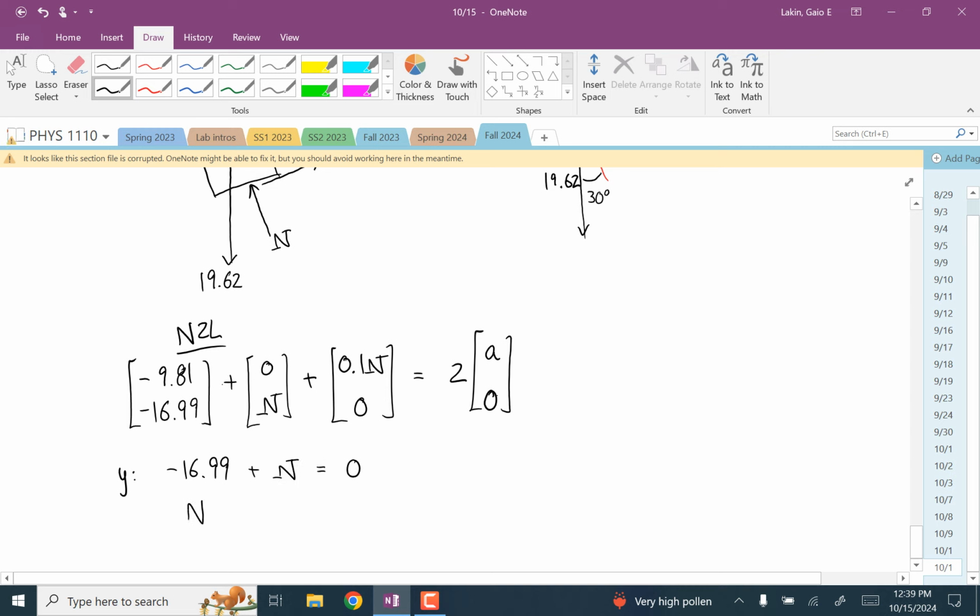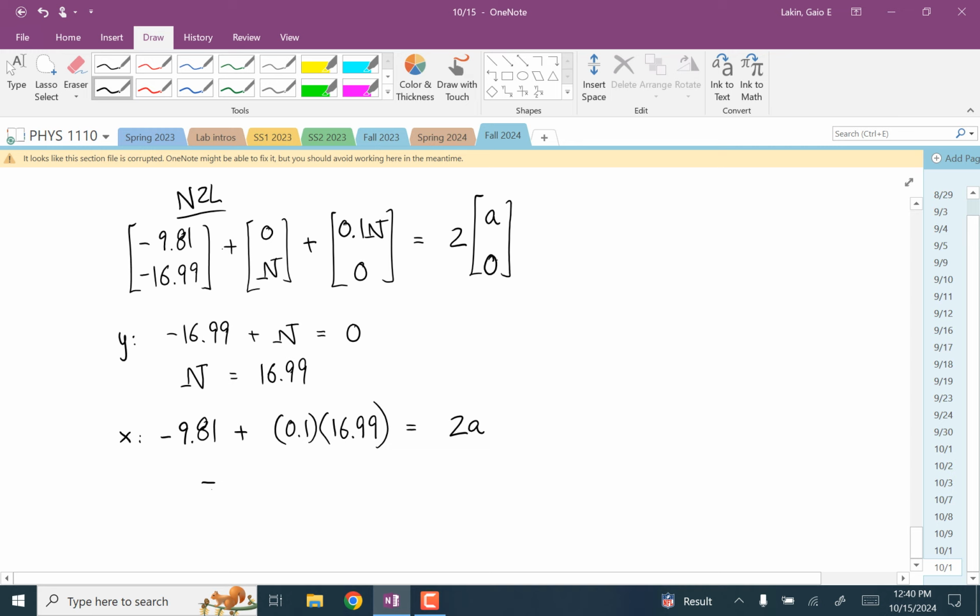And so we get that negative 8.11 is equal to 2a. And so a is equal to negative 4.06.